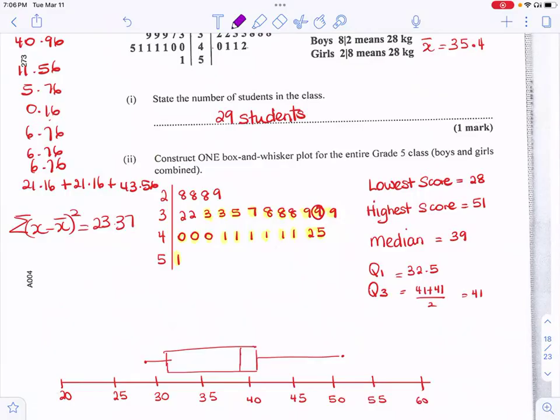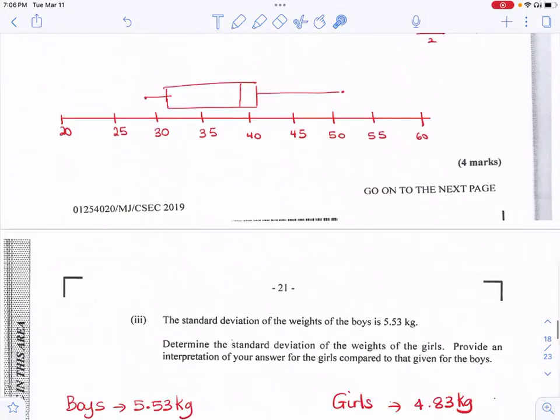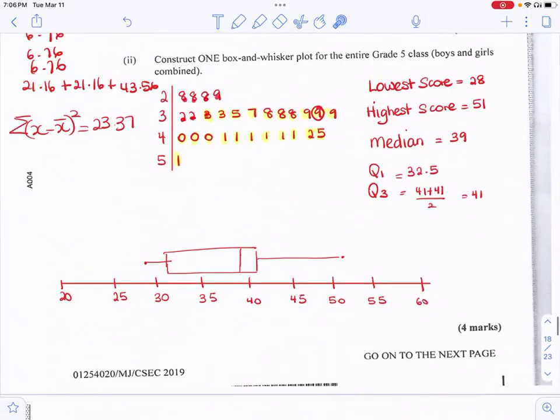Okay. Because this person here, the 6th number, 1, 2, 3, 4, 5, 6, unless I'm missing somebody. 6, 7, 8, 9, 10, 11, 12, 13, 14, 15, 16, 20, 21, 22, 23, 24, 25, 26, 27, 28.